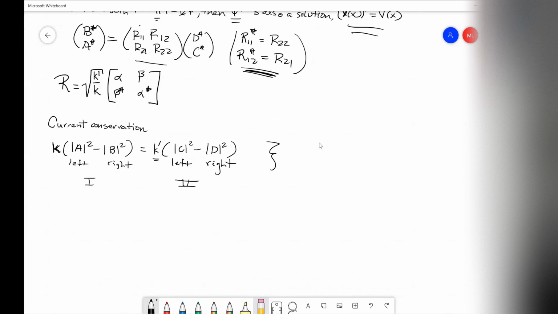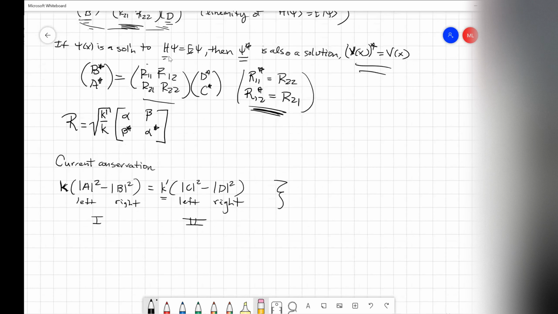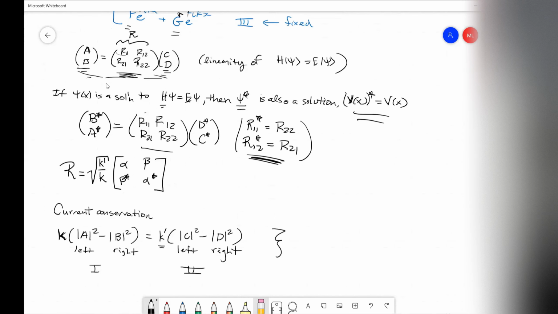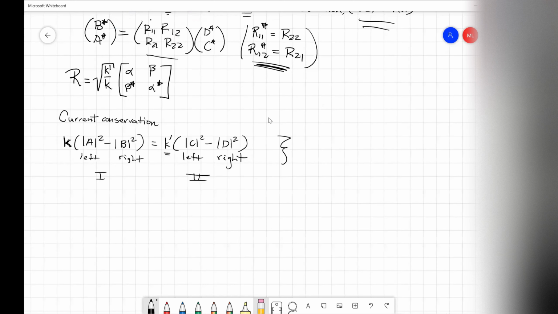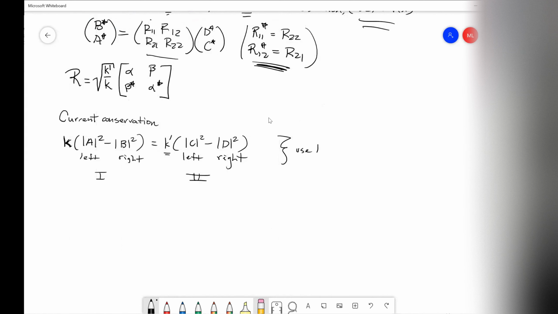Well, what can we do? We have this matrix R, and the R tells us how to connect C and D and A and B. And we know R has this form. So we can write C and D in terms of A and B. You can use the R matrix now.